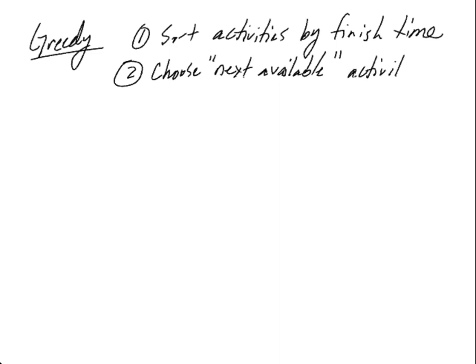What do I mean by next available? I mean the next activity in the list that is mutually compatible with all existing activities. So here's an example. So here we have an activity, we have another activity, and another activity.